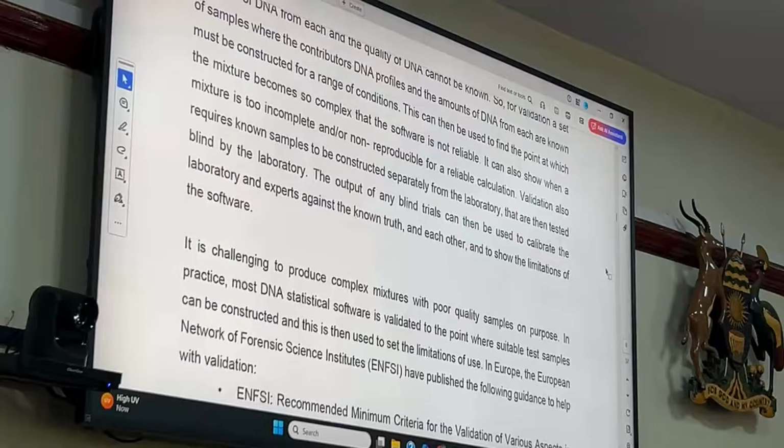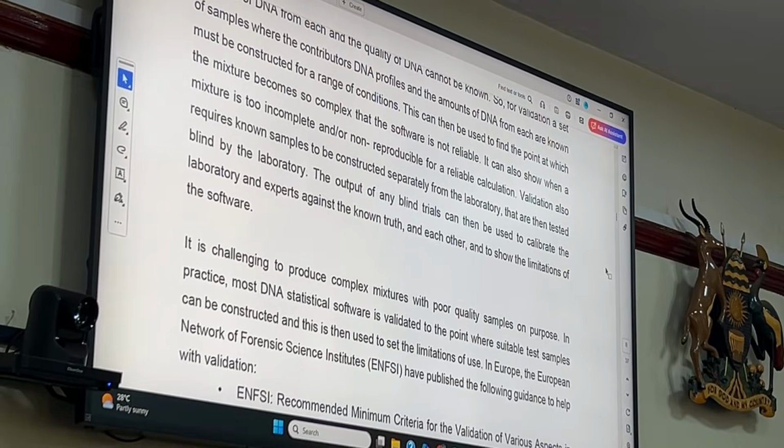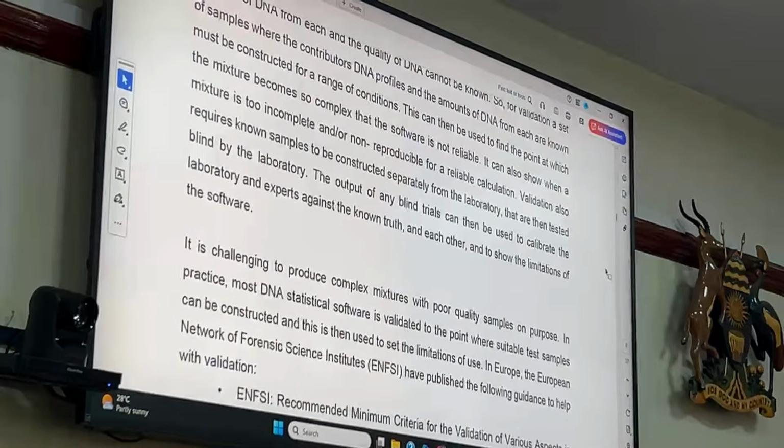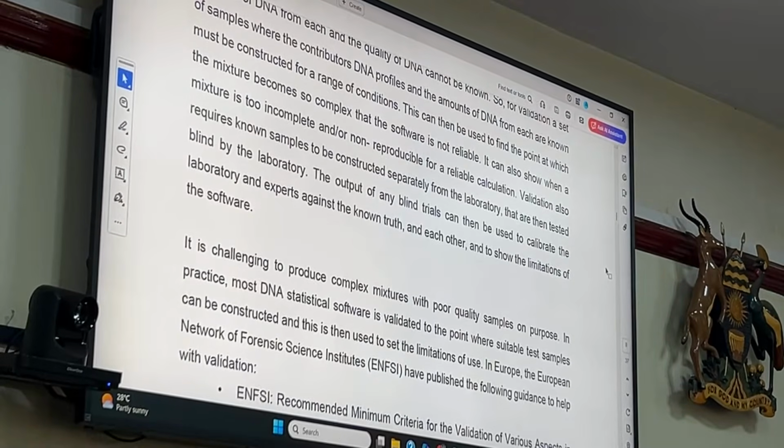I cannot confirm whether it's reliable or not. If they have fully validated it and can demonstrate that the figures being produced are robust, then the software is validated for use. However, in the absence of that, I cannot confirm.